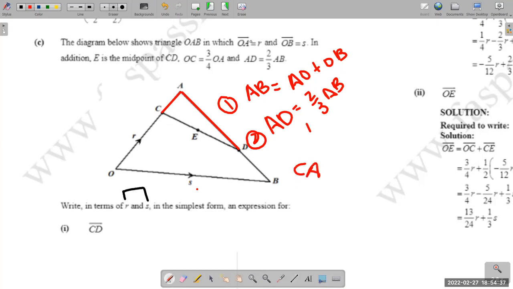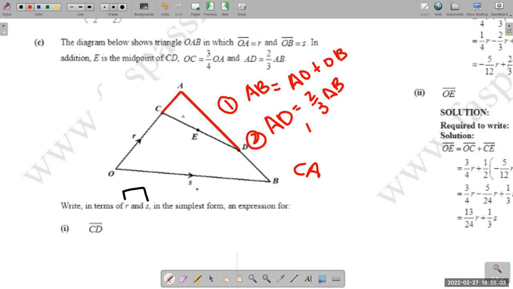CA, look at the formula up here. We know what OC is, and we don't know what CA is. What's CA, guys? If OC is 3/4, exactly. Everybody see that? Even though that's not what this is, it's an indirect understanding.